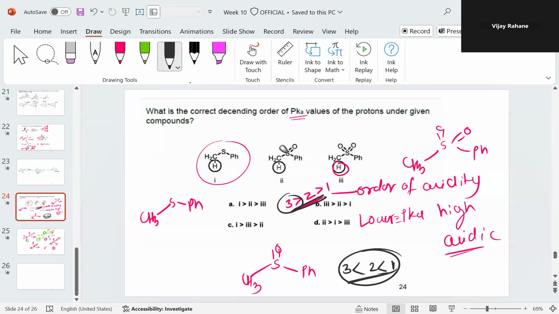So which option is correct here? Sorry, this one. 1, 2, 3. I will just remove this one.